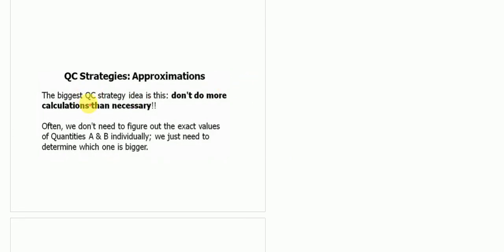So the biggest quantitative comparison strategy idea is this: do not do more calculations than necessary. That's very important. We have already seen a couple of questions where we didn't actually compute the solutions for the given variables, expressions or equations.